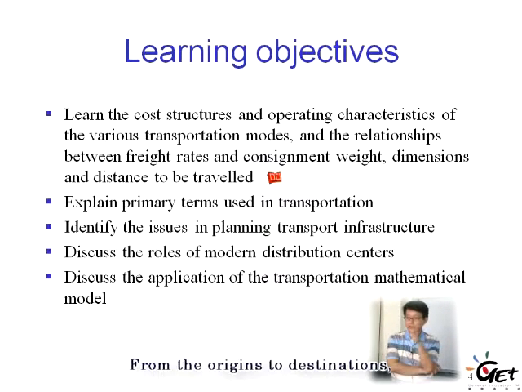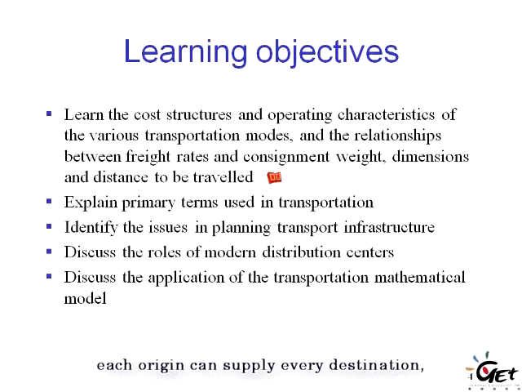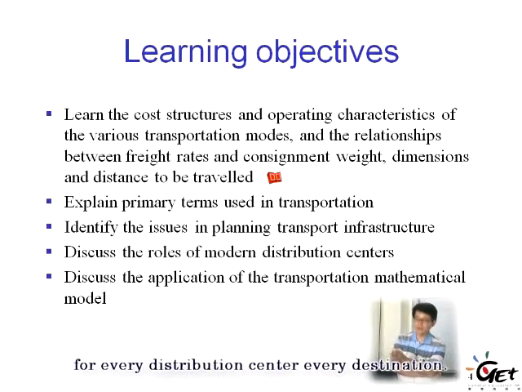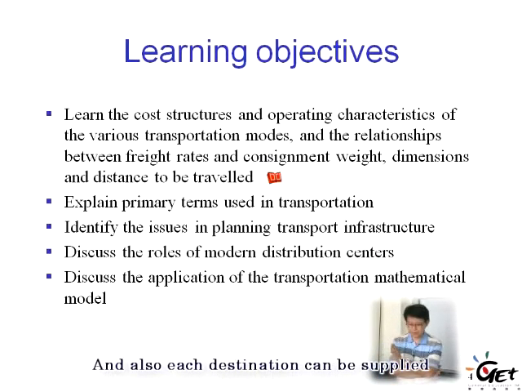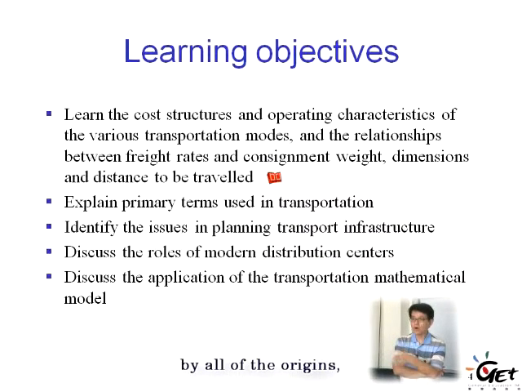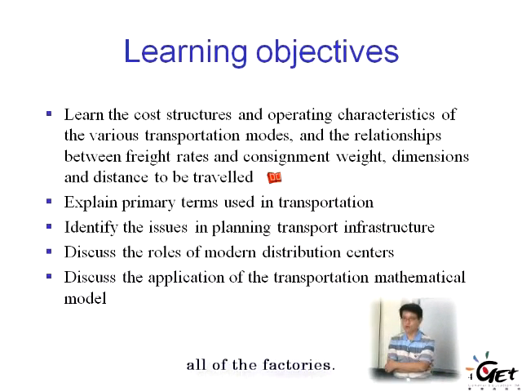So from the origins to the destinations, each origin can supply the needs of every distribution center or every destination, and also each destination can be supplied by all of the origins, all of the factories.